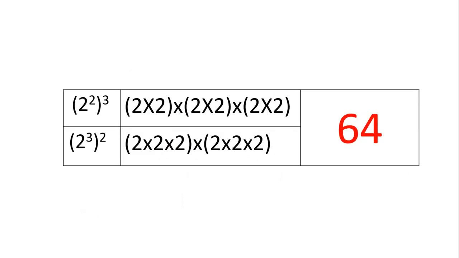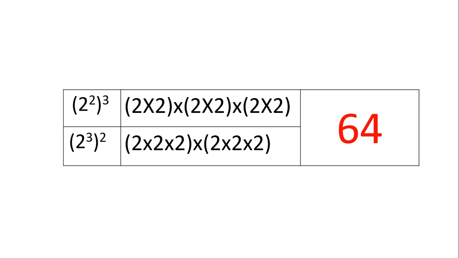Now, after this, we take another observation. Here we have two calculations. 2 to the power of 2 raised to the power of 3, which looks like this in the long form. And the other one is 2 to the power of 3 raised to the power of 2, whose long form looks like this.